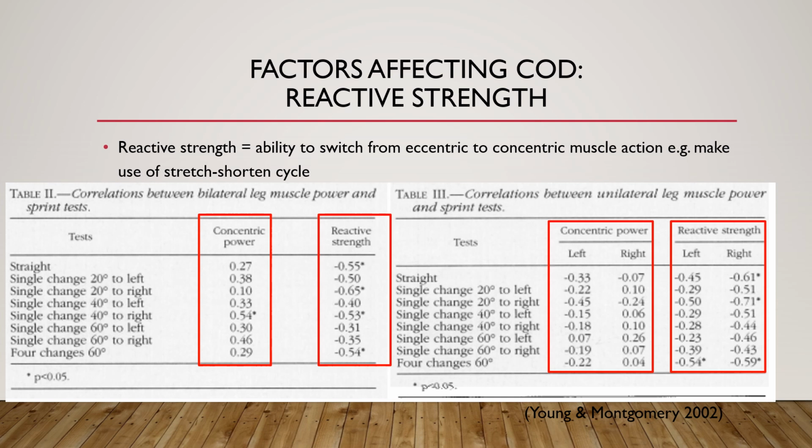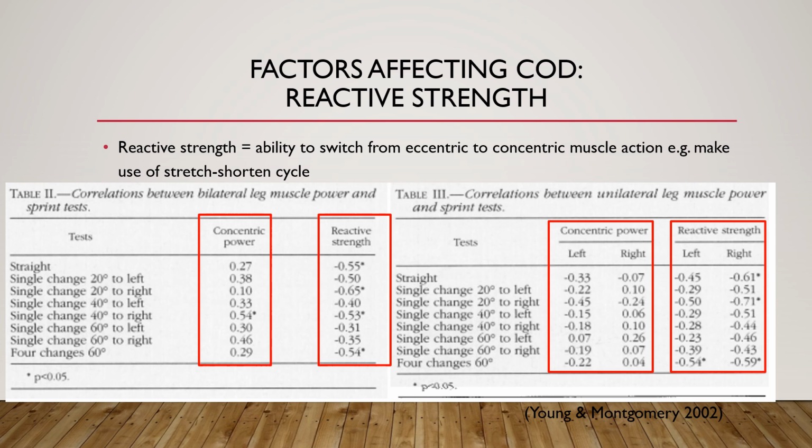But here if we look at reactive strength, so looking at that ability to switch from an eccentric to a concentric muscle action, similar to what we've spoken about with sprinting, so making use of that stretch shorten cycle, then if we look at the correlations here between reactive strength and change of direction, and concentric strength and change of direction, we can see that reactive strength, on the whole, has a much stronger association with these changes of direction.